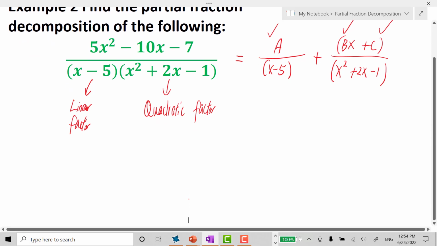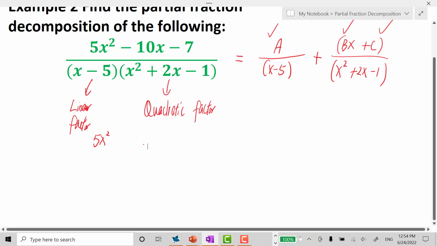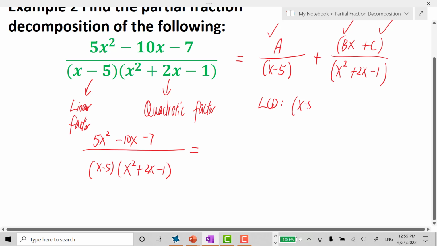So let's copy the left-hand side, 5x squared minus 10x minus 7. The denominator is x minus 5 times x squared plus 2x minus 1, and we know the LCD here is x minus 5 times x squared plus 2x minus 1.